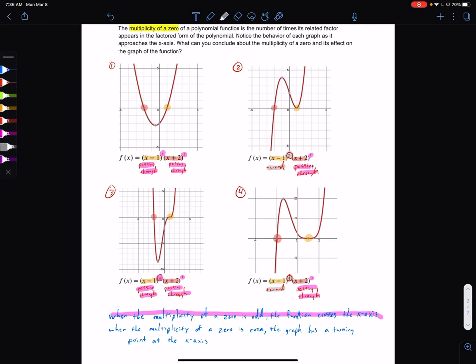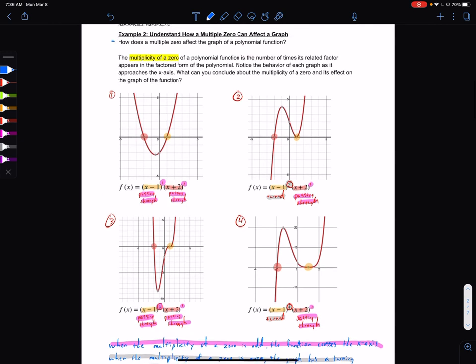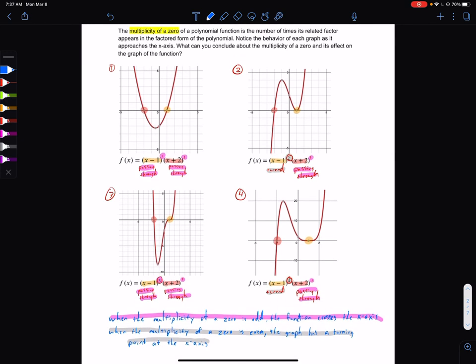And we highlight that one in gray. So when the multiplicity of a zero is even, the graph has a turning point at the x-axis. And that's really all you need to take away from this example, whether the graph is going to cross the x-axis or whether it's going to have a turning point at that point. And once again, the turning points, we had one here and we had one here.